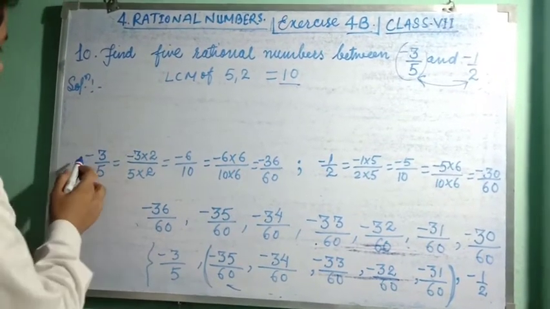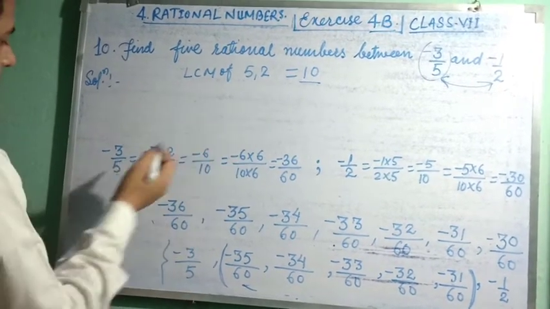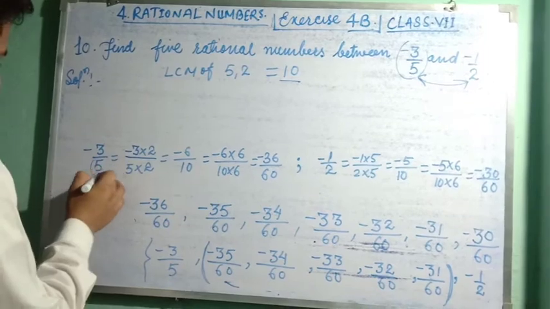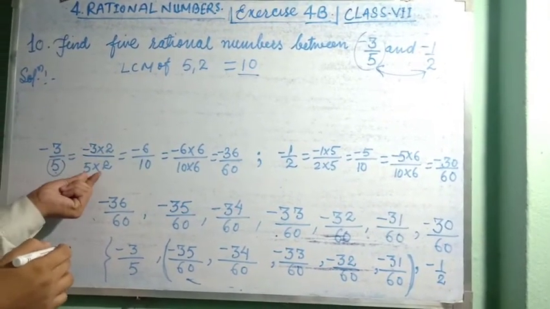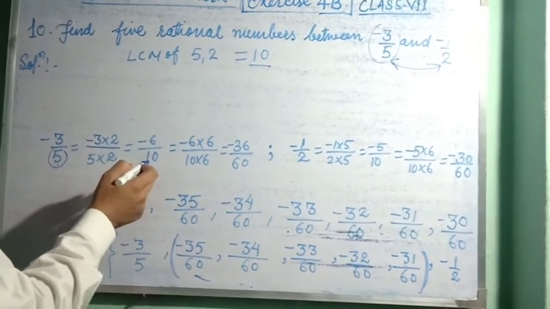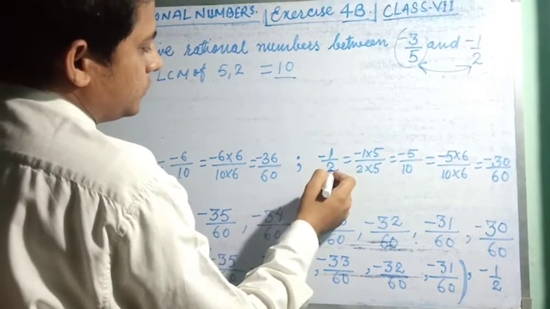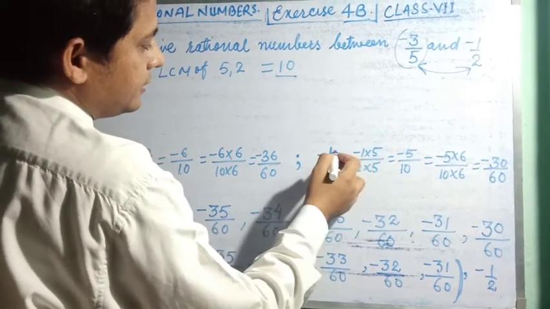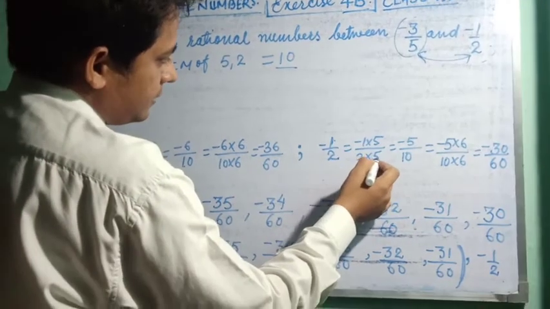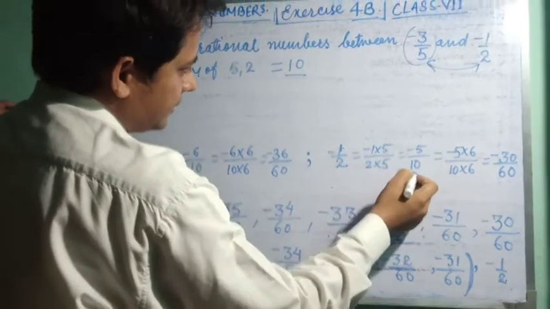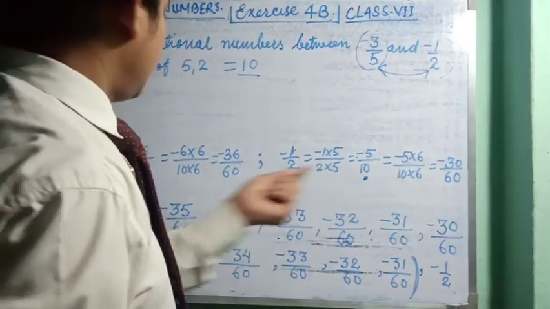First -3/5: 10 divided by 5 is 2, so multiply numerator and denominator by this non-zero number, which becomes -6/10. Similarly -1/2: multiply numerator and denominator by 5, which becomes -5/10. So here 10, here also 10, that means -6/10 and -5/10 have the same denominator.